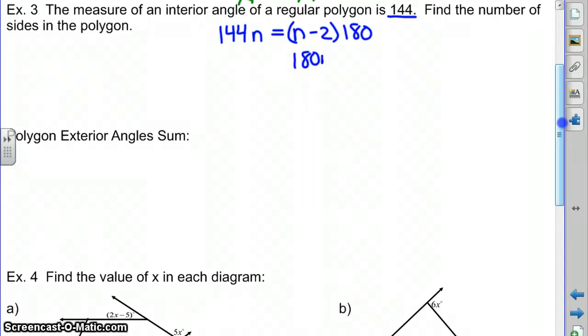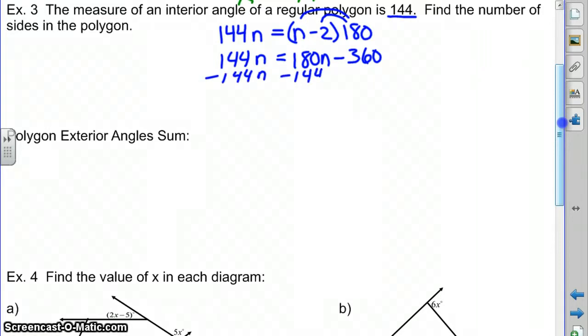I will distribute the 180 here and here. Then I subtract 144n from both sides, and I add 360 to both sides. The reason I do that is because I like to have positive numbers.